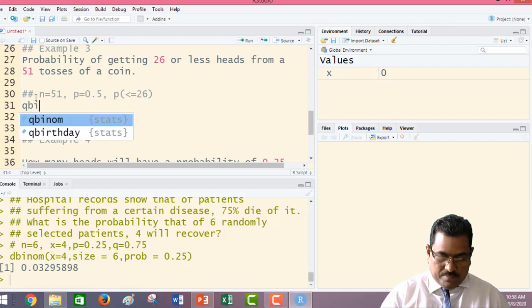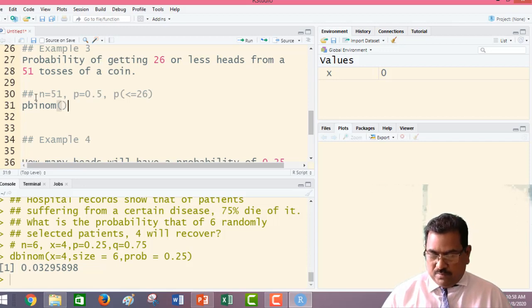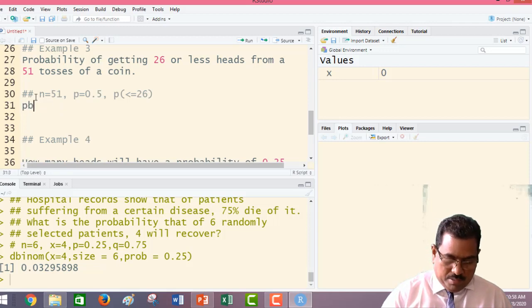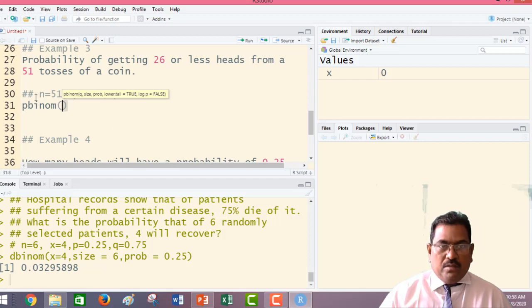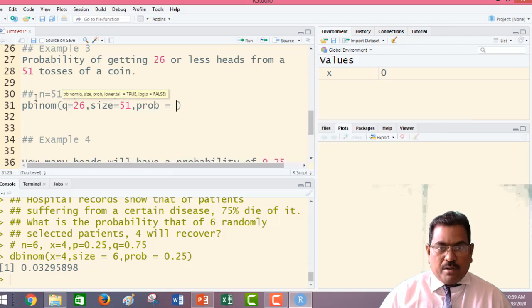So pbinom, q equal to 26, size equal to 51, probability equal to 0.5 since it is a coin problem.